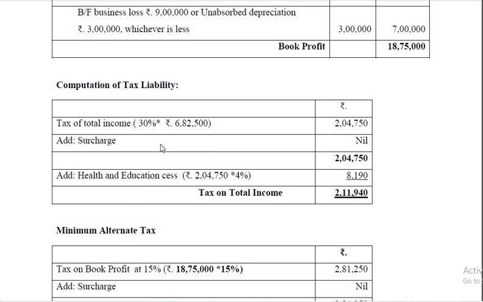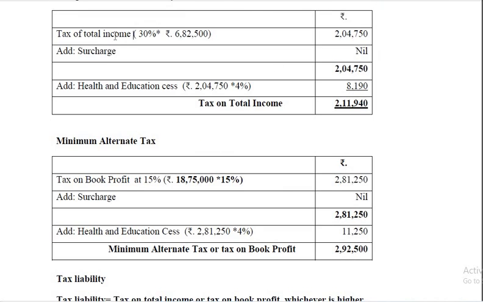Okay, first computation of tax liability on total income. Tax on total income: 30% of 6,82,500. That will come to 2,04,750. Surcharge: we assume that it's a domestic company and total income does not exceed 1 crore, so surcharge is not applicable. In case it is more than 1 crore, surcharge would have been 7% of the tax on total income.